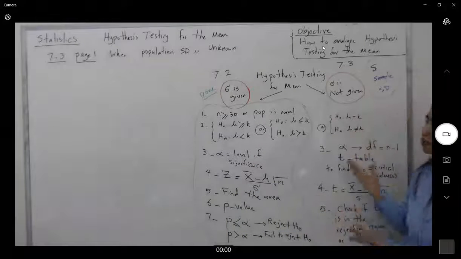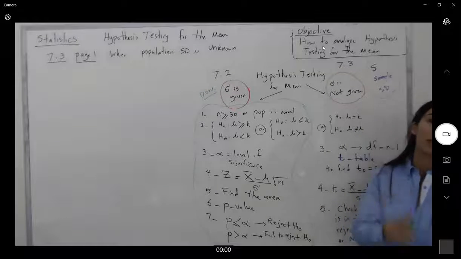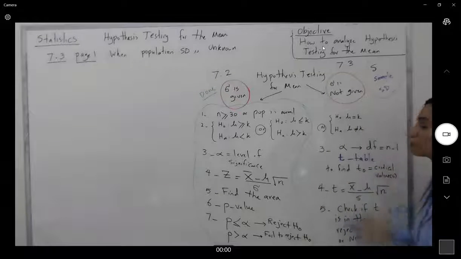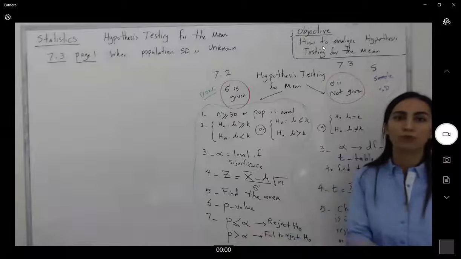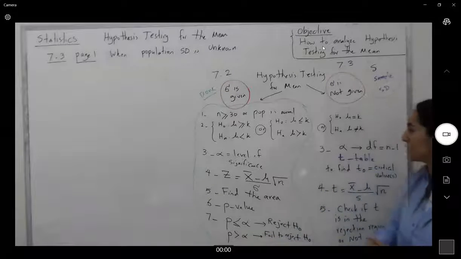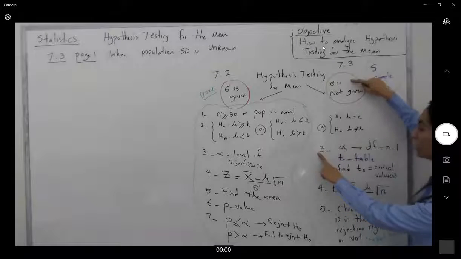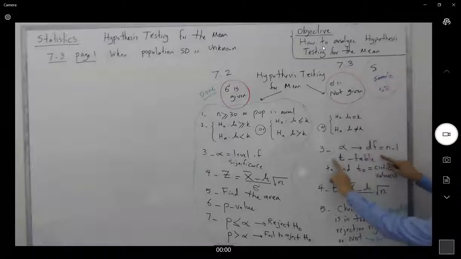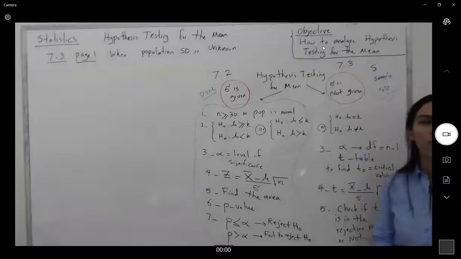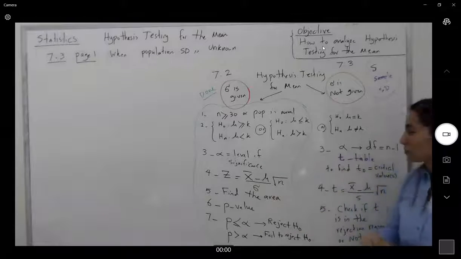So first of all, we have to check to see if our population is normal or n is greater than or equal to 30. Then, of course, we have to specify if you have a left-hand graph, right-hand graph, or two-tailed graph. Those stay the same. In the third step, when sigma is not given, we find alpha, we find degrees of freedom. We use our t-table to find critical values, the thing that we exactly did.